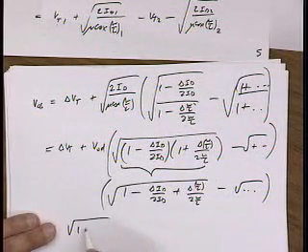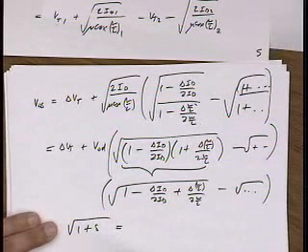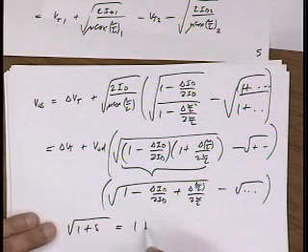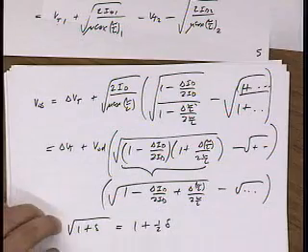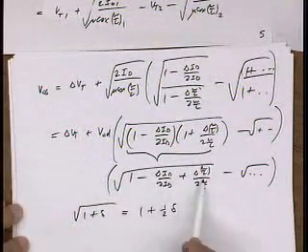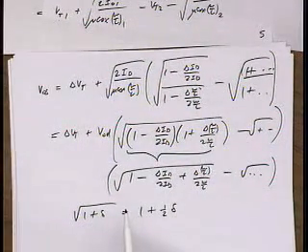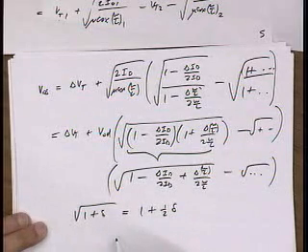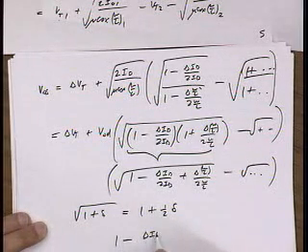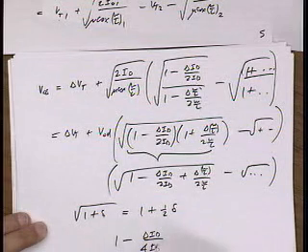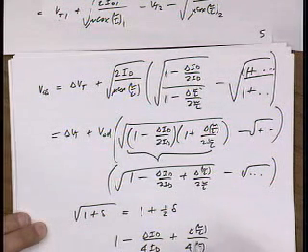So what's the square root of 1 plus delta? 1 plus half delta, right? And so then I get half here, and so the answer works out to 1 minus delta ID over 4 ID plus delta W over L over 4 W over L.